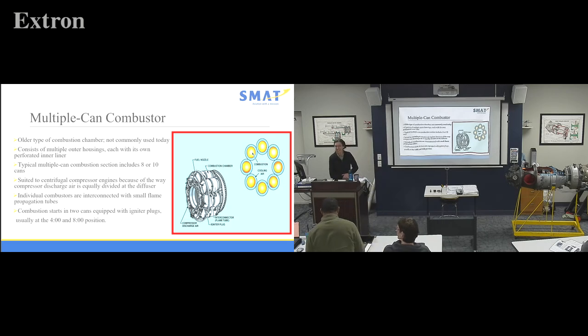So can combustors are not used much anymore, right? Because of the first slide. Multiple cans. Okay, because I was taking notes, and I think one of the first slides when you were going over the 3 different ones said the can type is usually multiple cans. Is that accurate?